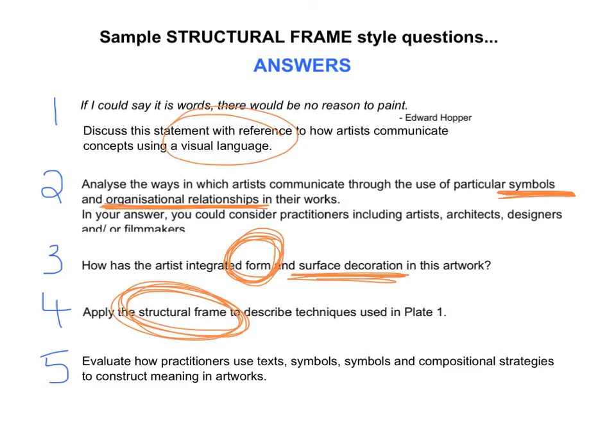Again, great at this whole proofreading. Evaluate how practitioners use text, signs, symbols, and compositional strategies to construct meaning in their artworks. Well, here are 4 reasons why this is the structural frame. Alright, because again, it is all about that lovely visual language that I was talking about.